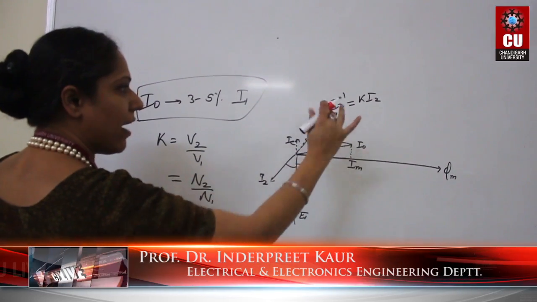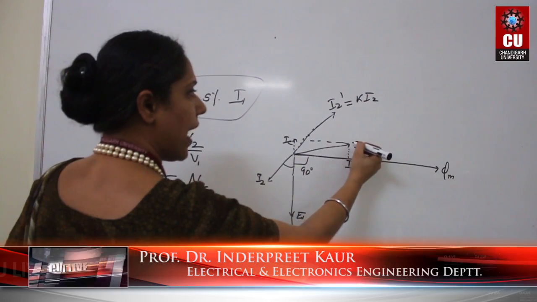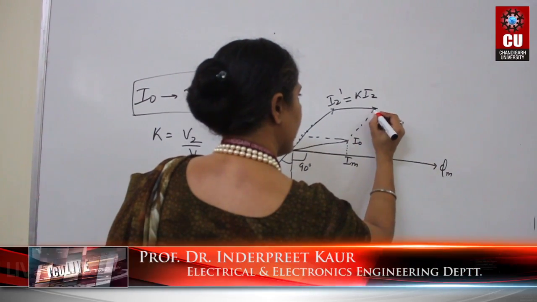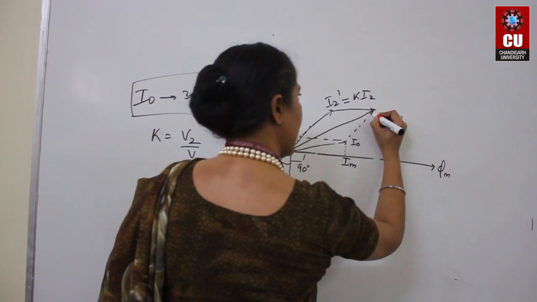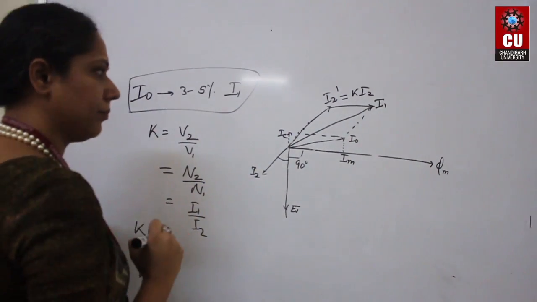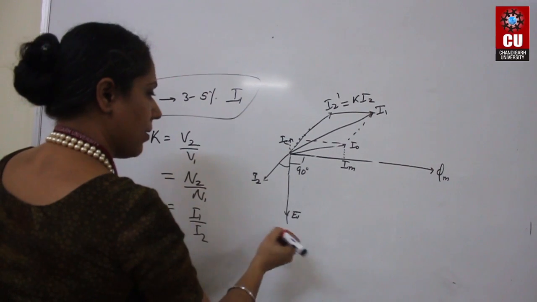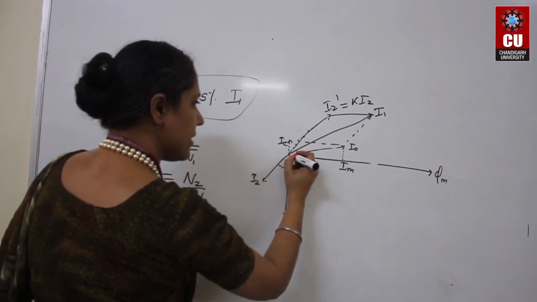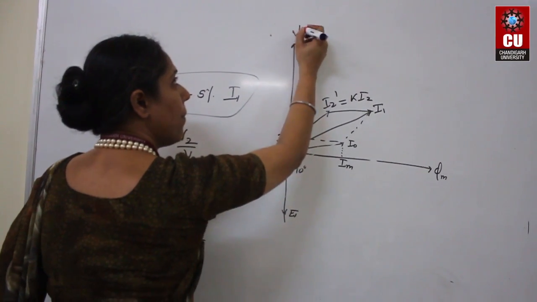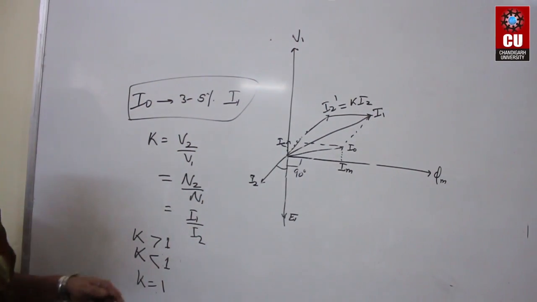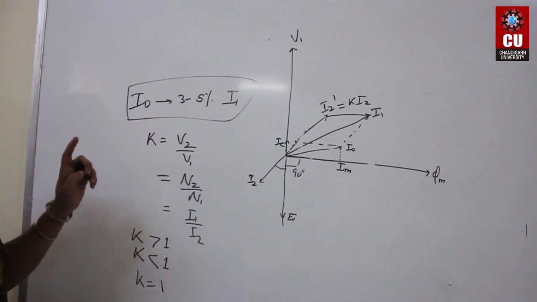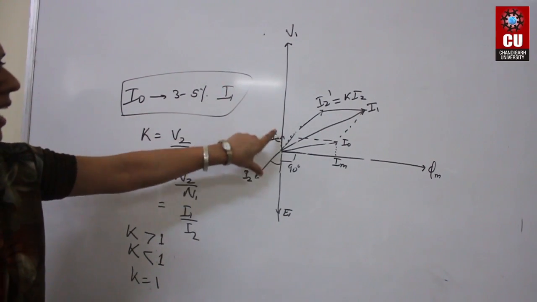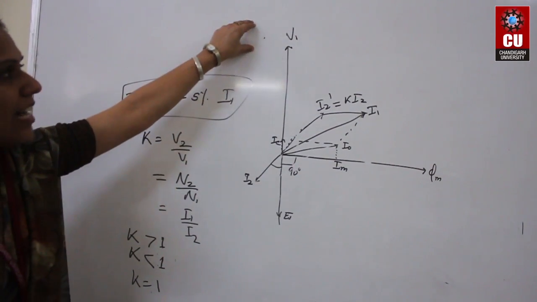Now, since we have I2, the phasor sum of I2 dash and I0, parallel to this and parallel to this, is the current I1. Now V2 is there, so this is the phasor diagram for the ideal transformer, with purely inductive windings and no leakage flux. So this is the phasor diagram of the transformer on load.